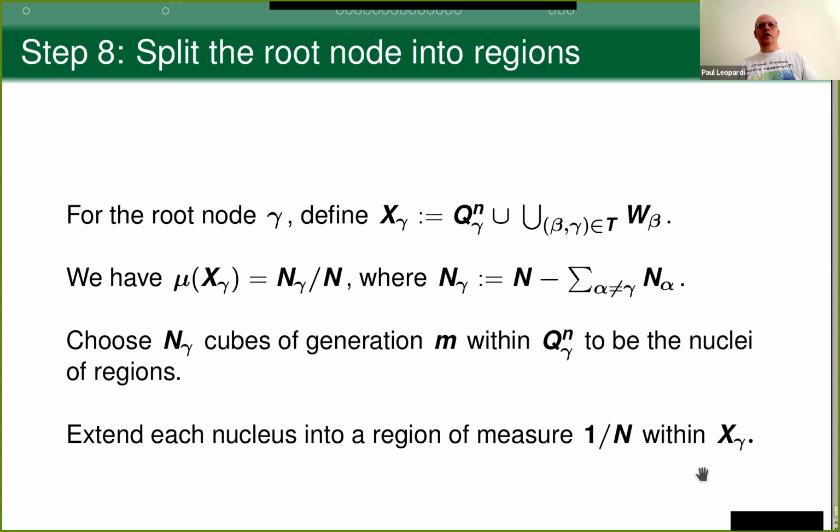And we deal with the root node differently, because what we have to do at the root node is to ensure that we have a multiple of 1 on n of remaining measure, including what was originally at the root node. But similarly, we have the cubes of generation m, and we then use the small cubes as nuclei of regions which we then extend to 1 on n.